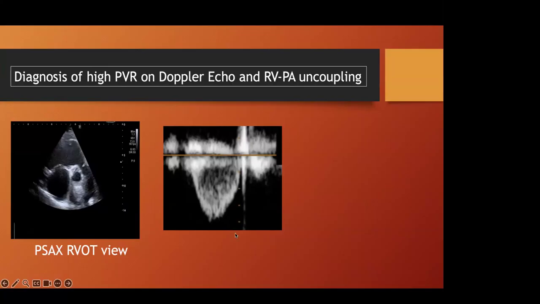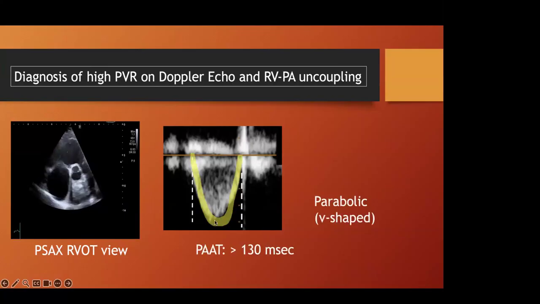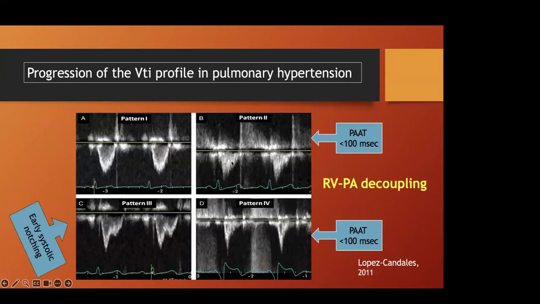This is normally a V shape or parabolic shape, and the pulmonary acceleration time, from here to the peak here, should be more than 130 milliseconds. That indicates it's normal. Suppose it is short, like less than 120 in children, we say that the PA pressures are high.